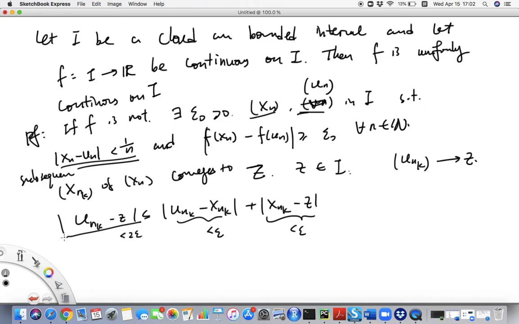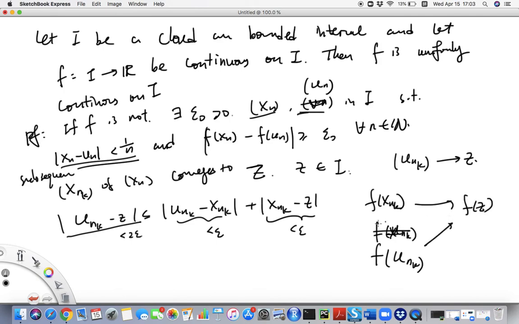So that's that. Now f is continuous at z, right? Because f is continuous on I. So we know that both of the sequences, f(x_{n_k}) and f(u_{n_k}), converge to f of z, right?